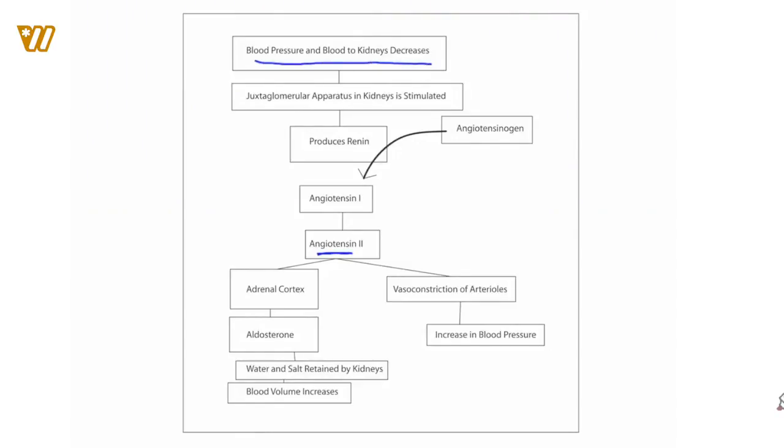Well, when that happens, those JG cells are stimulated. What do JG cells release? Right, renin. So they release renin, and renin's job is to change angiotensinogen to angiotensin 1. Well, what changes angiotensin 1 to angiotensin 2? Right, ACE. And actually, this is where our ACE inhibitors work. So we can go ahead and write it right in. All right, ACE. So ACE changes angiotensin 1 to angiotensin 2.